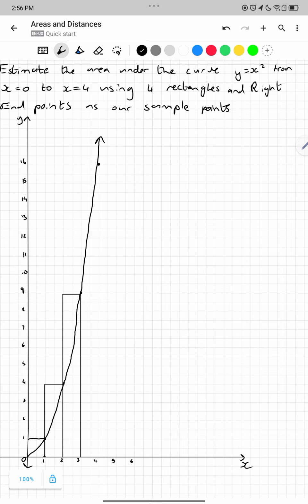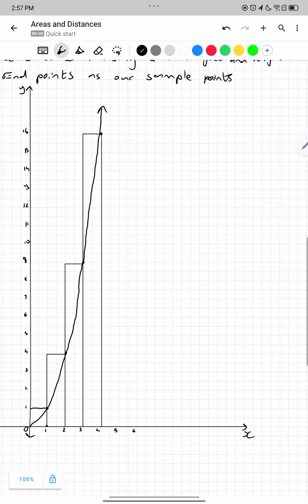Assume it's exactly at 9, and you have something like this. It's hard to do on a smooth screen. So these are rectangles, right?